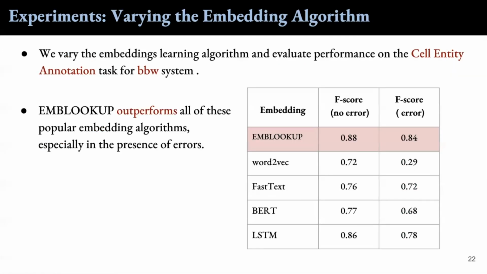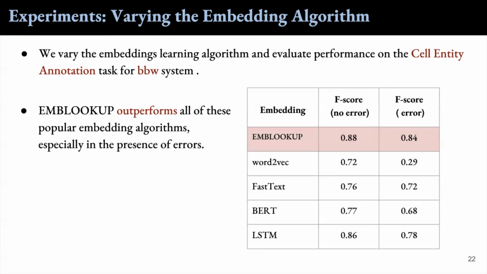mLookup trains embedding models on the string representation of entities instead of using pre-trained models. Moreover, we train a CNN-based model rather than using an NLP-based model. In this experiment, we evaluate these design choices by varying the embedding model algorithms and evaluating the F-score for the cell entity annotation task.